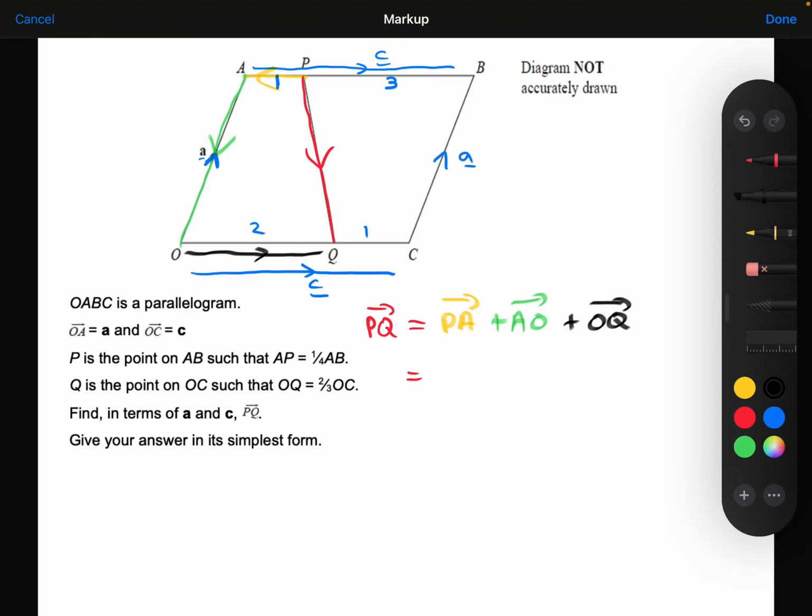So for the P to A bit, I can see that this is 1/4 of the vector C, but in the opposite direction.